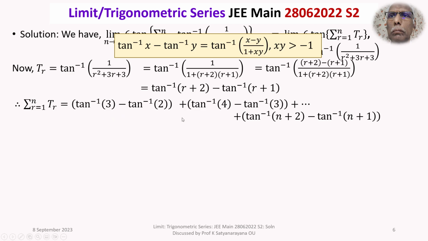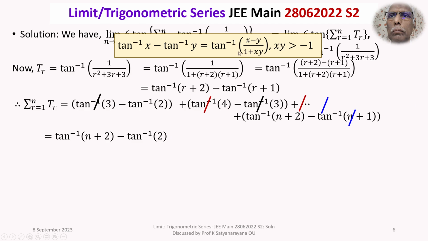This is a telescoping series, in which cancellations take place. Tan inverse 3 cancels with tan inverse 3, tan inverse 4 cancels with the next tan inverse 4, and like that it goes on, until tan inverse n plus 1 cancels, leaving tan inverse of n plus 2 minus tan inverse 2.